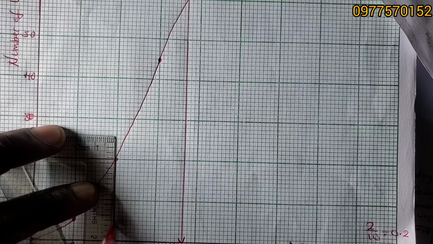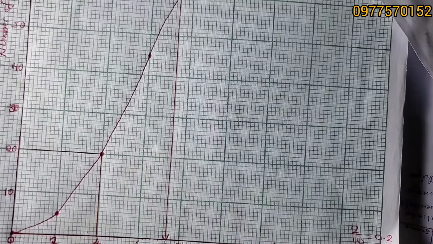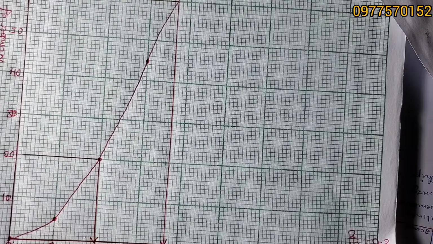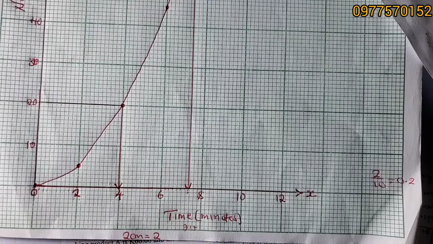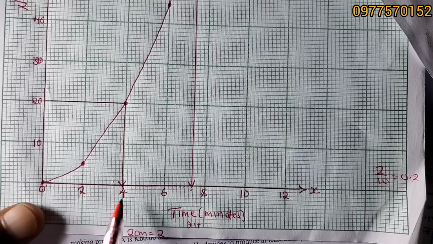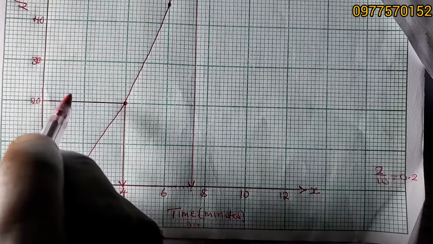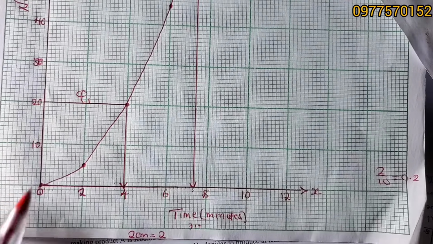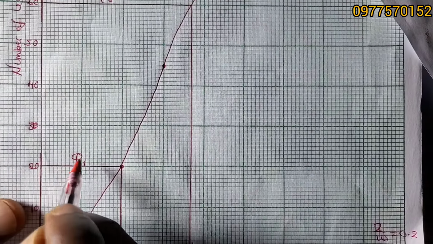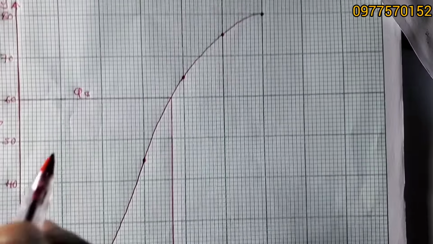This is the exact number 4. So there's nothing to struggle with here. It's a 4. So this is Q1. Q1 we found is 4, and Q3 is 7.4.